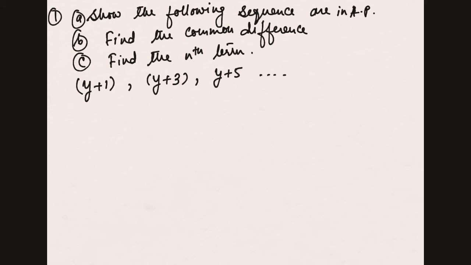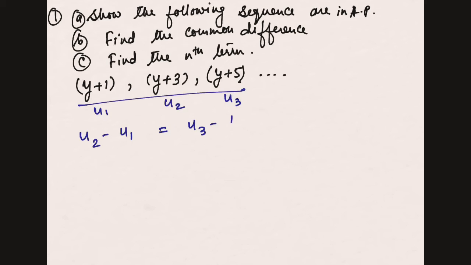Now here is a problem as given. Show the following sequence is in AP: y plus 1, y plus 3, y plus 5, dot dot dot. Find the common difference. Find the nth term. When a sequence is in AP, if you tag it U1, U2, U3, then U2 minus U1 should equal U3 minus U2.